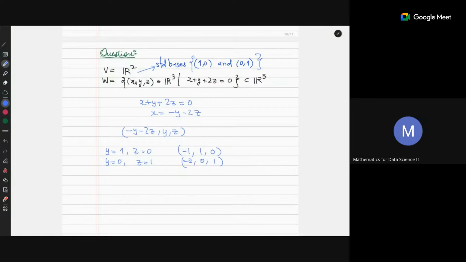So the basis of W is -1, 1, 0 and -2, 0, 1. So we work with this basis of W and the standard basis.